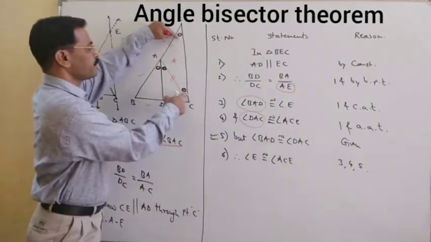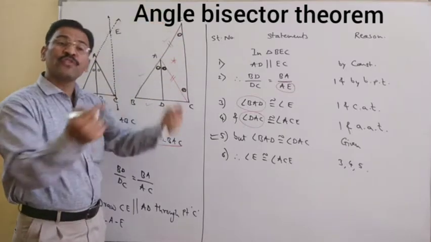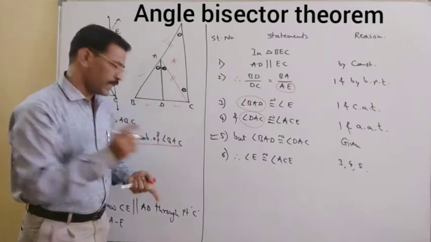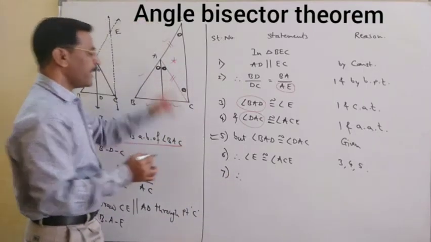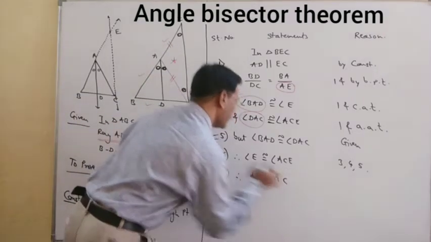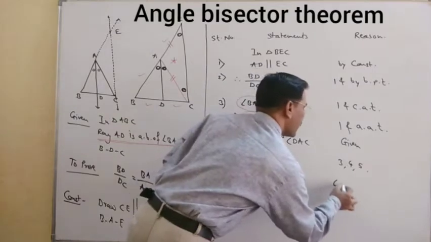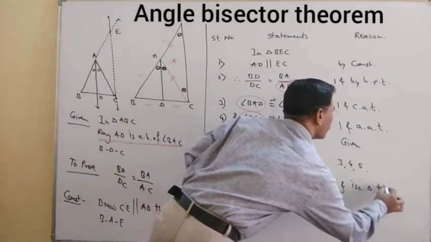They are angles of the same triangle, therefore their opposite sides are same. Which two sides are same now here? AE and AC, both these are same. AE equal to AC. This is nothing but from 6 and isosceles triangle theorem.